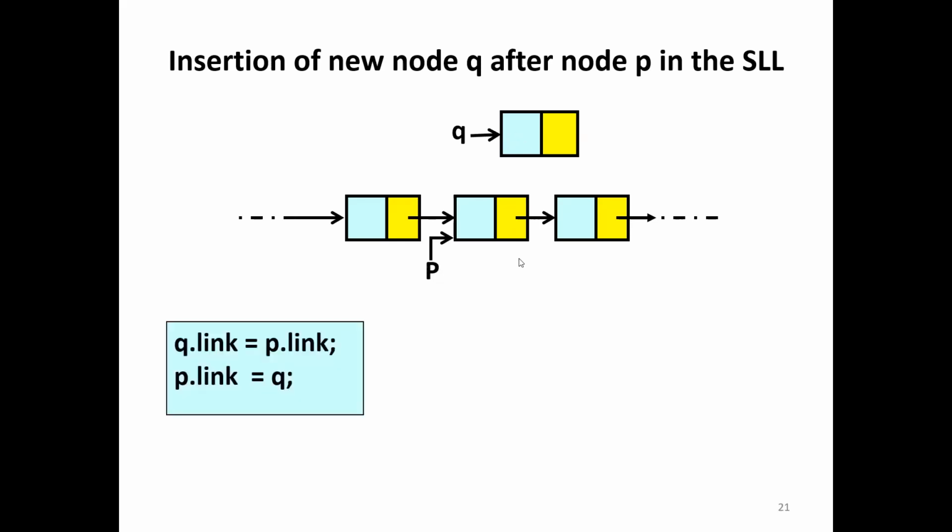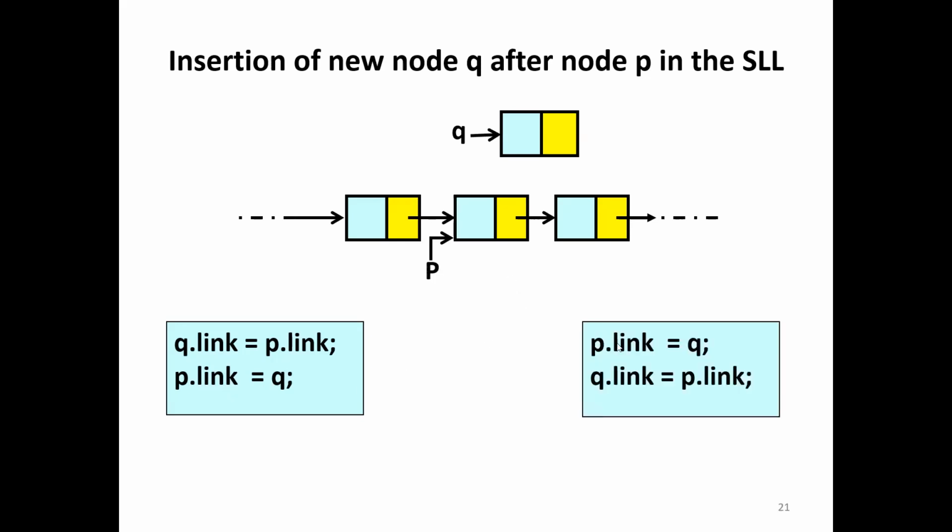So the operation is to take the reference of the previous one, which is P, and assign it to Q, because at that point Q will now be pointing towards the next element. And finally, we assign Q to the link of P.